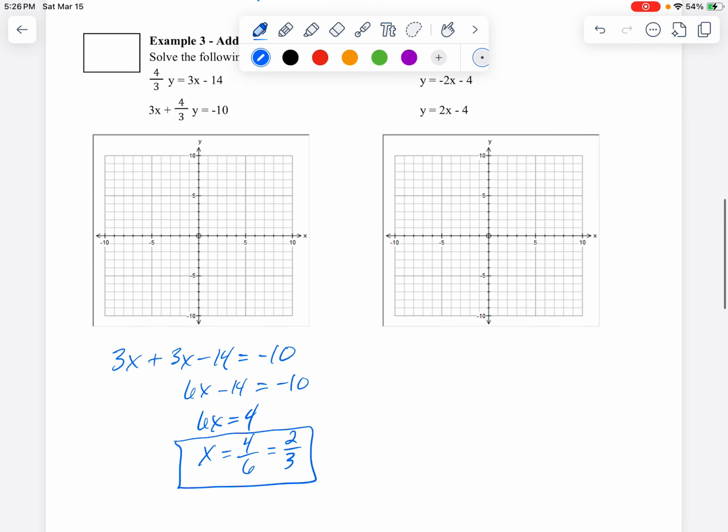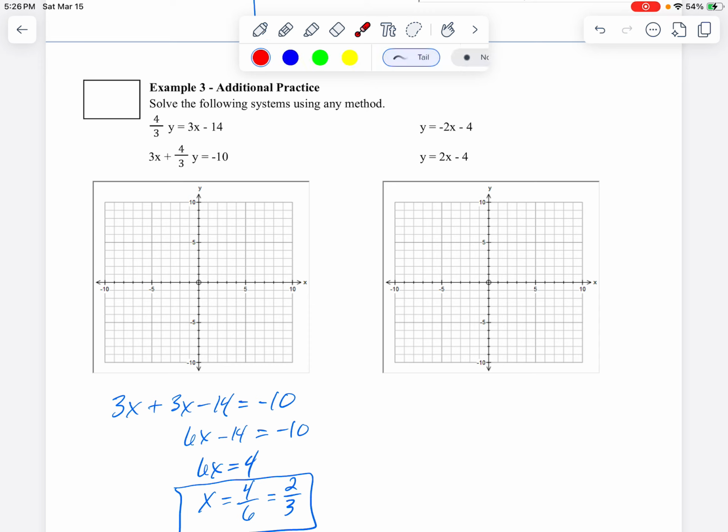So now I've got x, so we need to substitute this back in. I'm not seeing one that looks a lot nicer than the other. I guess let's do... Nope, we're trying to find y, so this one will work out a little bit better, because then I've got the y on the other side.